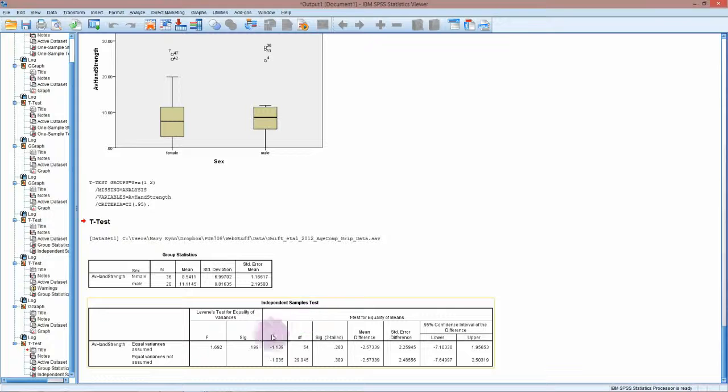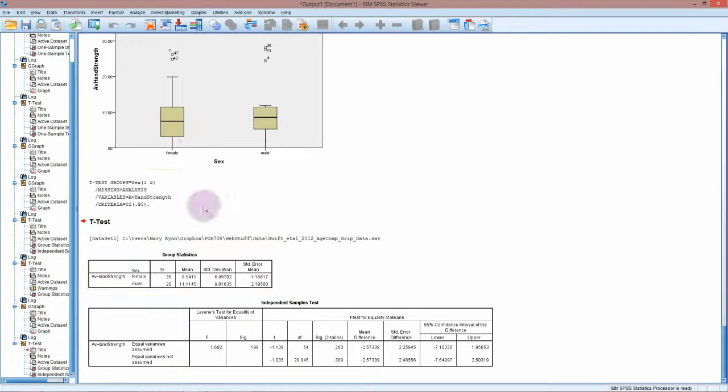What you've got down here is actually 3 tests altogether, so it might take a little bit of practice in reading the information that you're interested in. Now, the reason that there's 3 tests is because this test for equality of means, so does the mean for women equal the mean for men, the maths behind it actually changes a little bit depending on whether or not the variation is the same in both those groups.